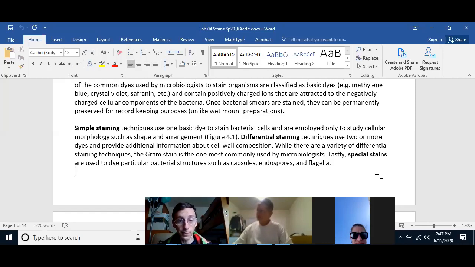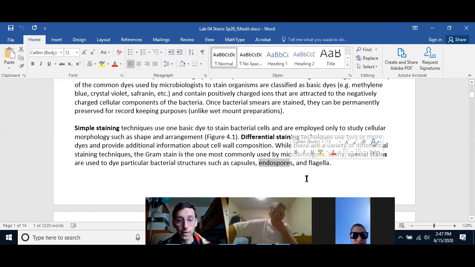You could use a special stain to stain the capsule, a special stain to stain flagella, perhaps to stain endospores, although there's also a differential stain for staining endospores. All right, any question about the three different stains? Simple stain, differential stain, and then lastly a special stain.